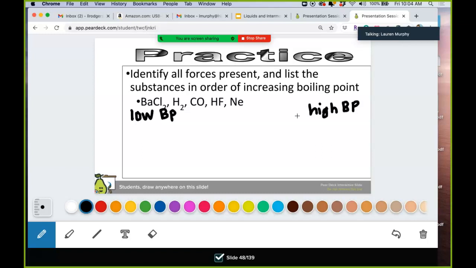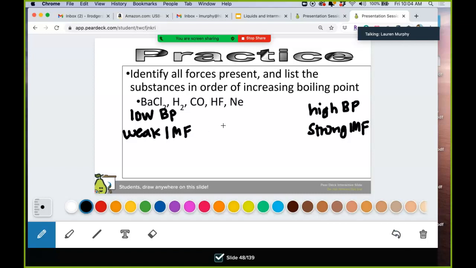Now remember, to get something to boil, you have to completely break intermolecular forces. So things that have high boiling points, it means they're hard to boil. They have strong forces holding it together. Things that have low boiling points have weak forces holding it together, meaning they're so weak that they'll happily boil, or they'll easily boil.